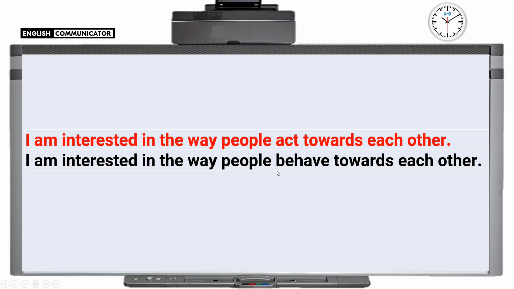So it's behavior, to behave, not to act, because act is a performance and attitude is a behavior. So repeat again the right sentence: I'm interested in the way people behave towards each other. Behave towards each other, not act towards each other.